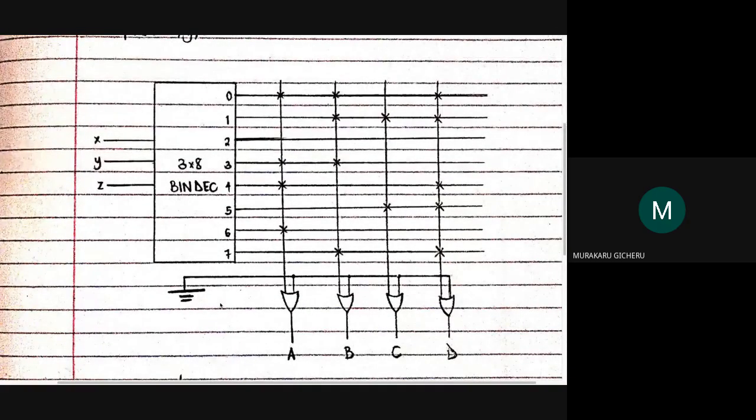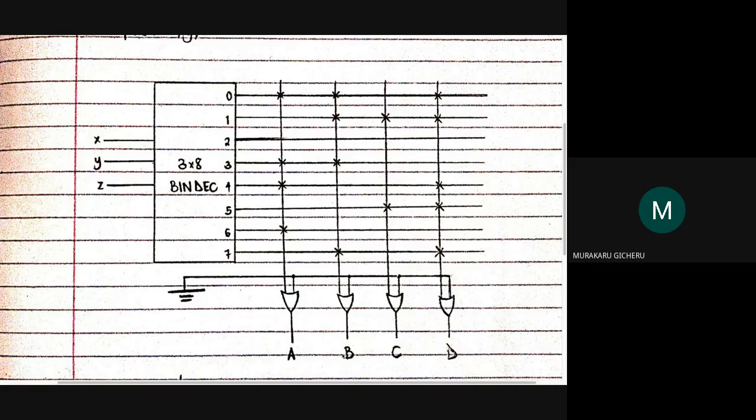So if we were to draw our ROM chip, we would have here our k by 2 power k binary decoder, which is now 3 by 8, and our n OR gates representing n outputs.